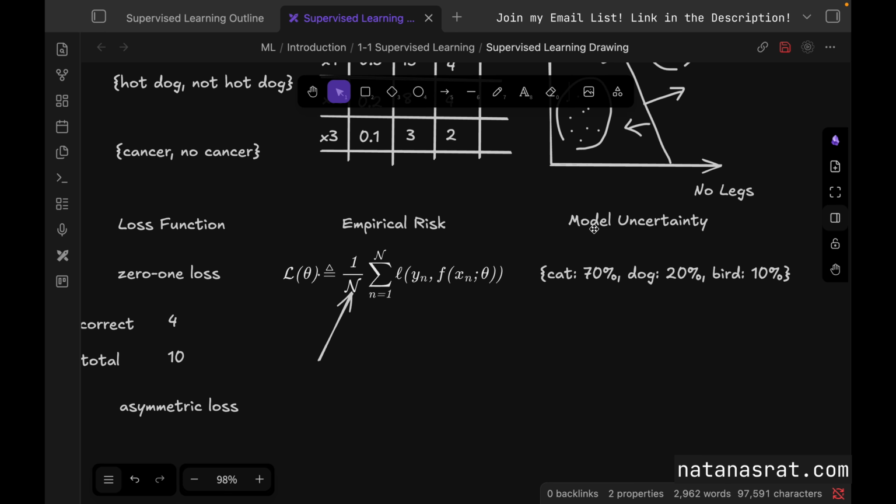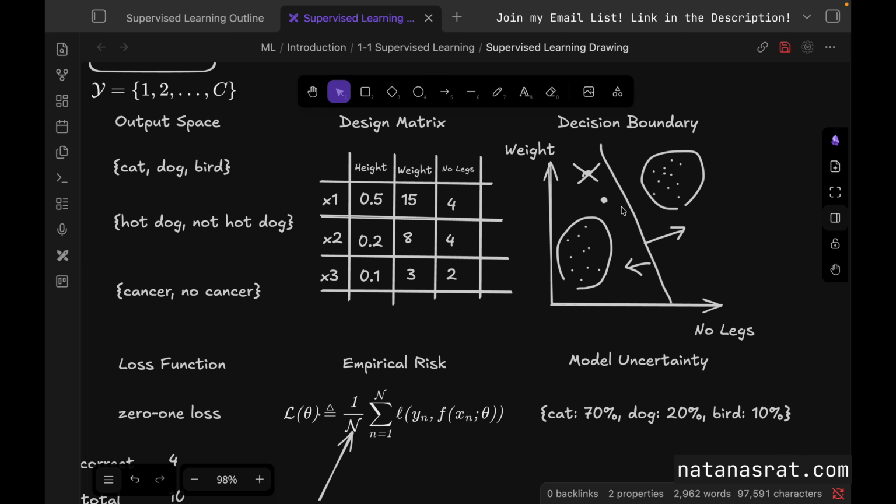But when we have examples around our decision boundary, for example, let's say our test example is around here. That means we are not quite sure whether it passes here or here. When we evaluate, the model is going to be uncertain compared to if we have an example around here.